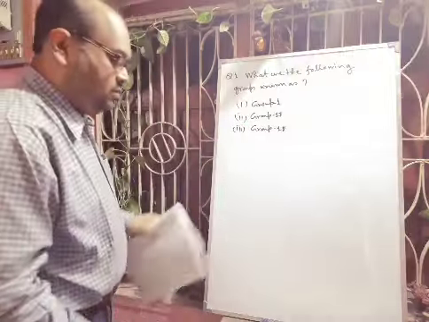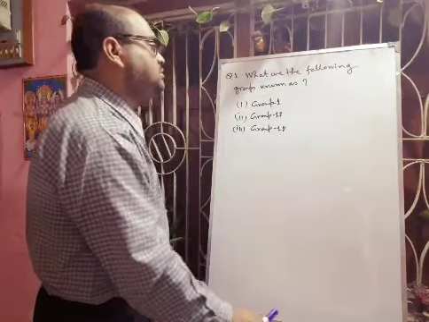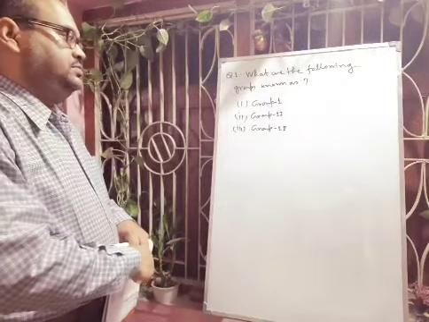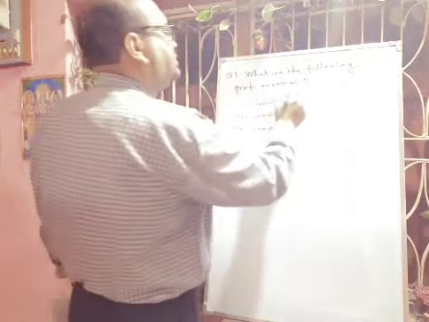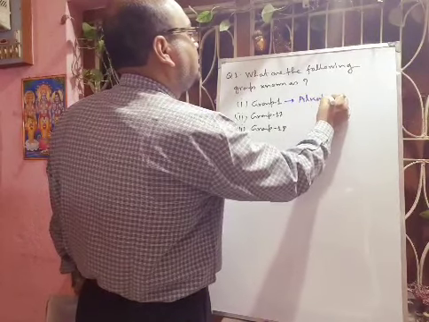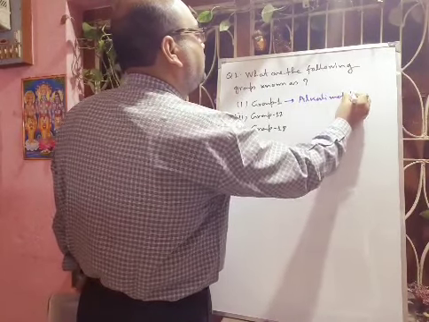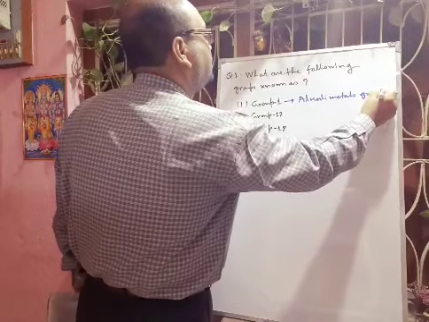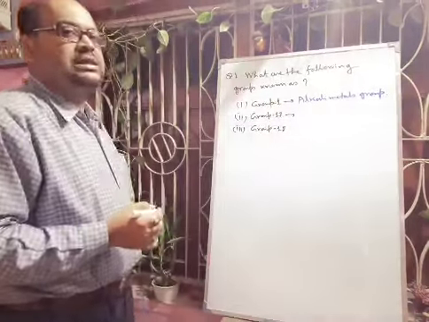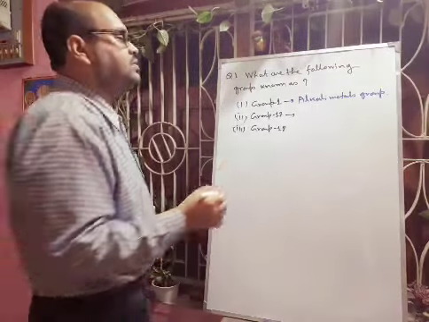So here group 1, all of you know that alkali metals group. So here you write alkali metals group. Group 17s are known as halogens group.